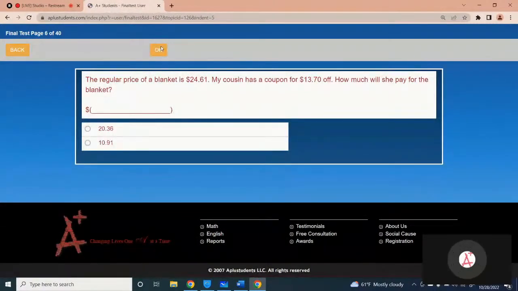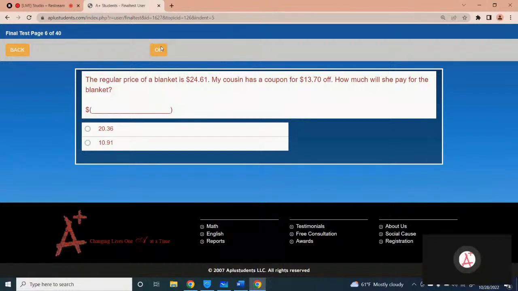Okay, the regular price of the blanket is 24.61. My cousin has a coupon for 13.70. How much will she pay for the blanket? Very good. So the original price is 24.61 and the coupon is 13.70.